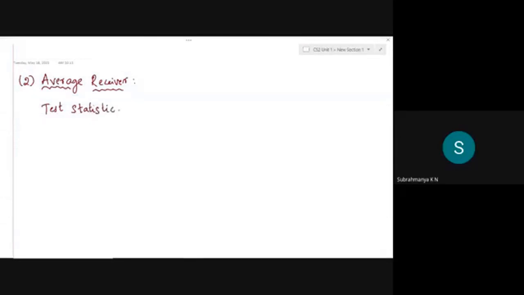So the second type is called the average receiver. We will not spend much time on these first two types, but just for the sake of understanding different types of receivers, we will cover these parts. The statistic in this average receiver, as the name says, is the average energy of the received signal taken over a single period. This means that the test statistic is just a number.